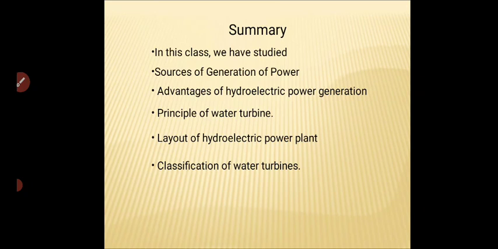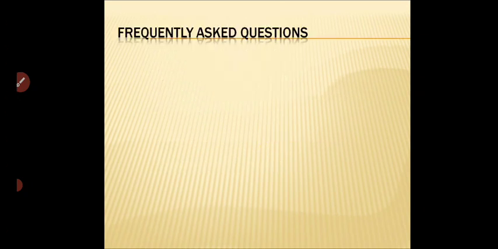And the second one, it can be developed at only a few sites, that is, where the proper amount of water is available. Okay, these are the only two disadvantages of hydroelectric power plants.